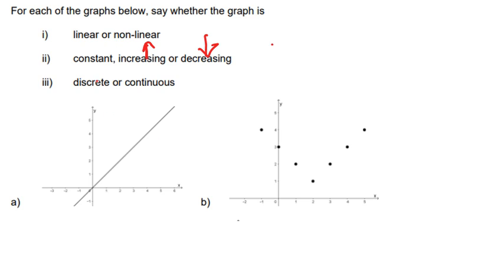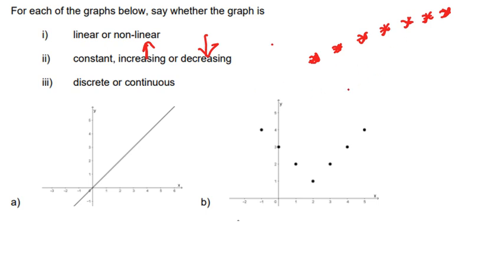Then discrete means your graph is in different points, okay, or your graph is in a point form. If your graph is described in different points, it's called discrete.